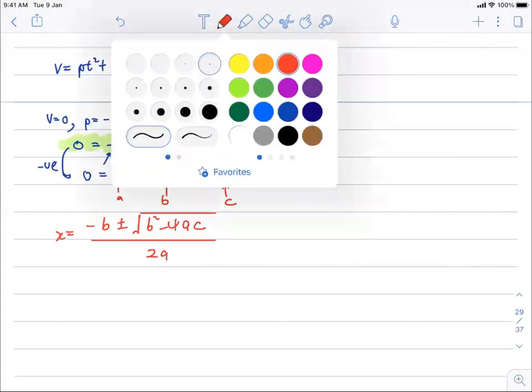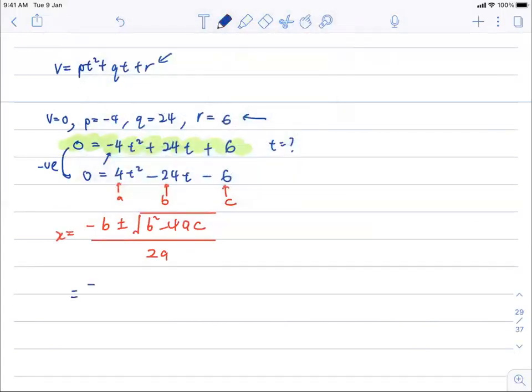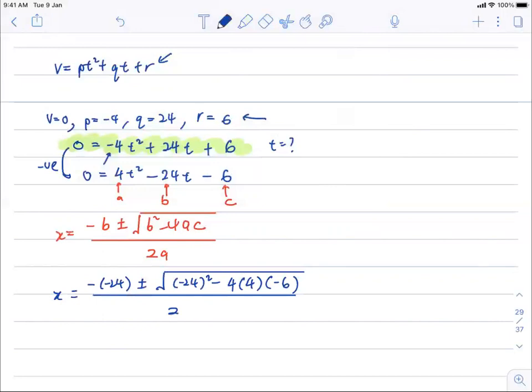We can substitute in all the values. Negative b is 24, plus minus square root of (-24) squared minus 4a c, a is 4, c is -6, divided by 2a, a is 4.